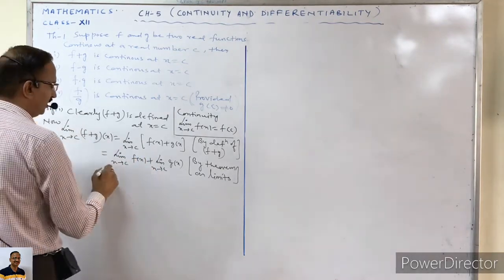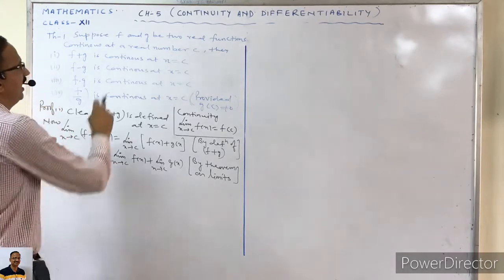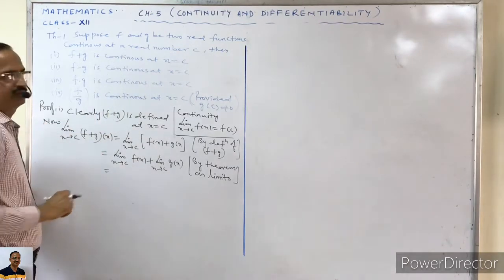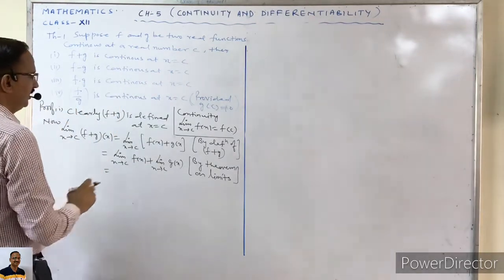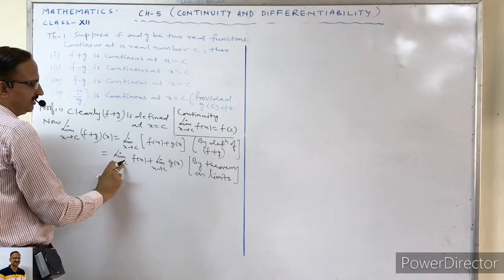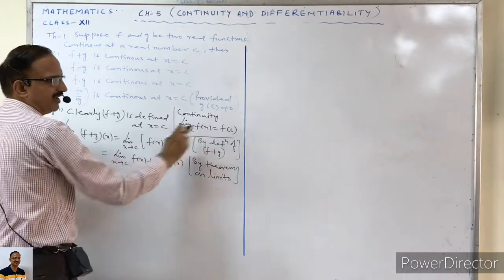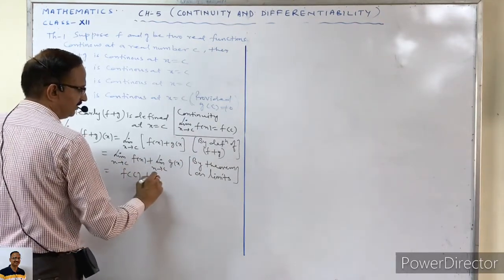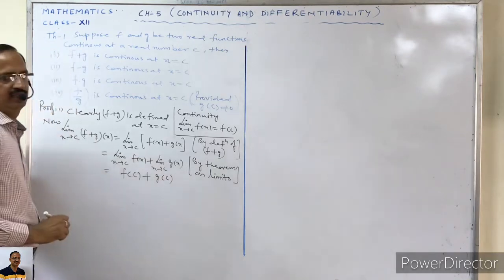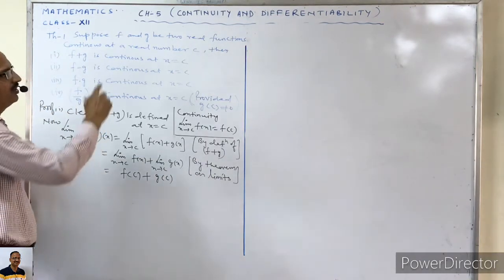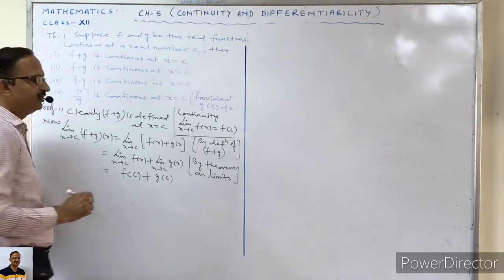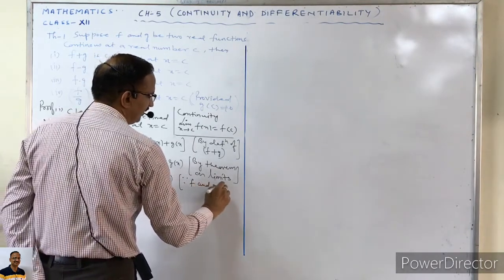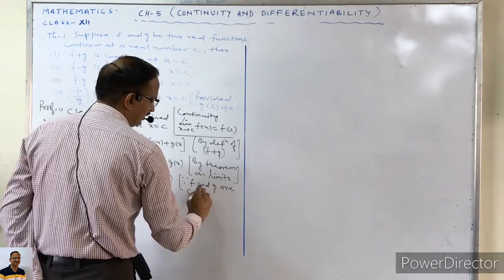Okay, now since f and g are real valued functions and continuous, limit x tends to c, f(x) can be written as f(c), and this can be written as g(c), because f and g are continuous.